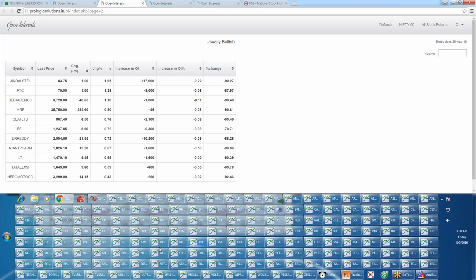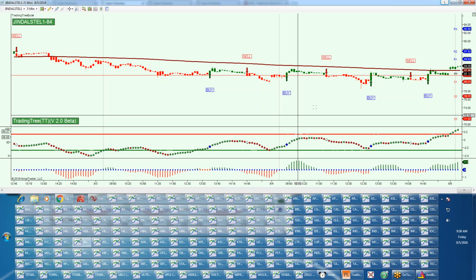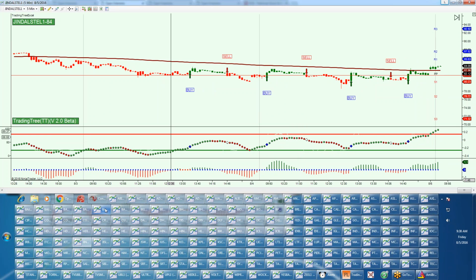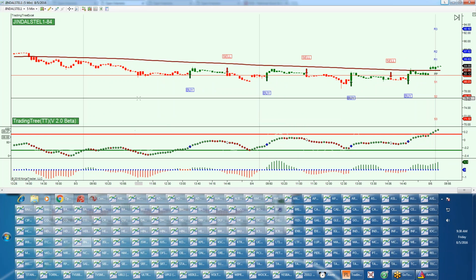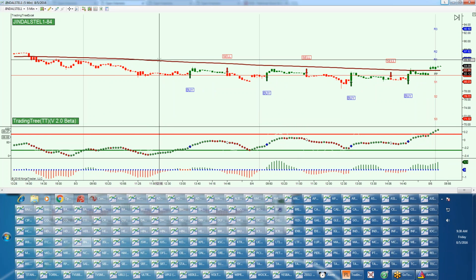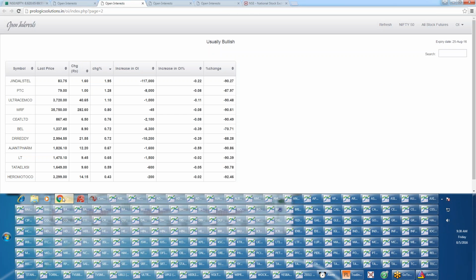So Jindal Steel is there. So that's also moving up. The next level will be 85.60. We have PTC.